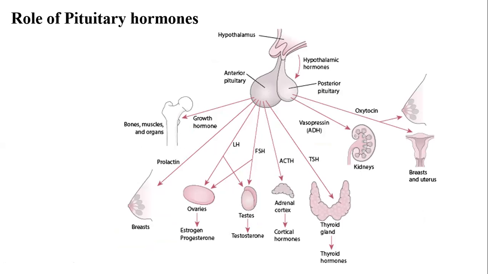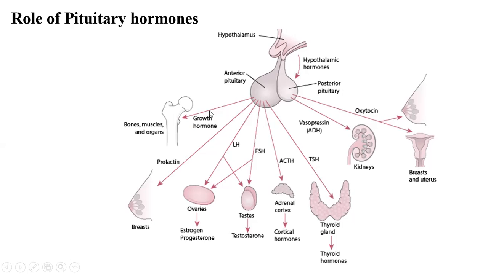The anterior lobe is made up of three types of cells: at the periphery there are basophil cells, in the center there are acidophil cells, and scattered in between there are chromophil cells. This anterior lobe, or adenohypophysis, secretes six different hormones, that are shown here.